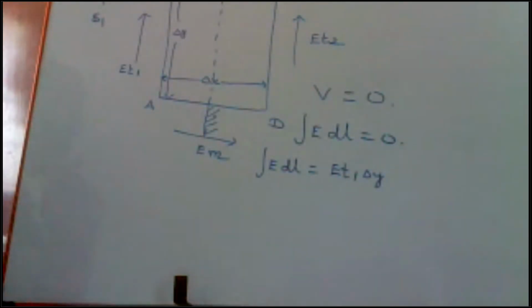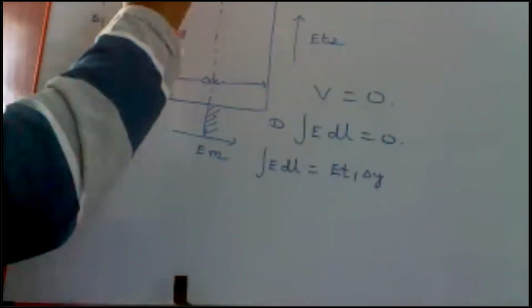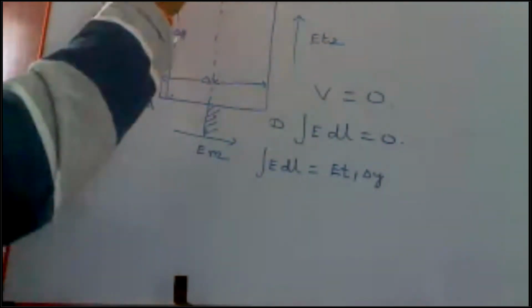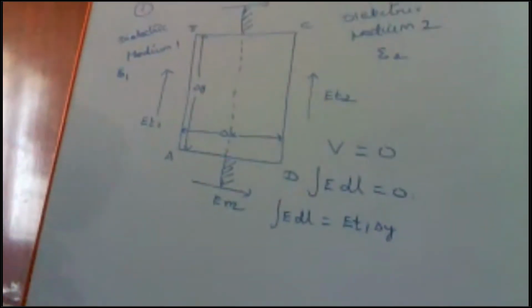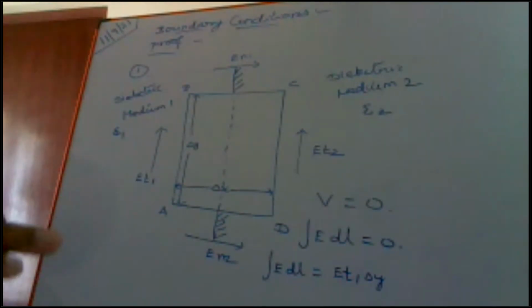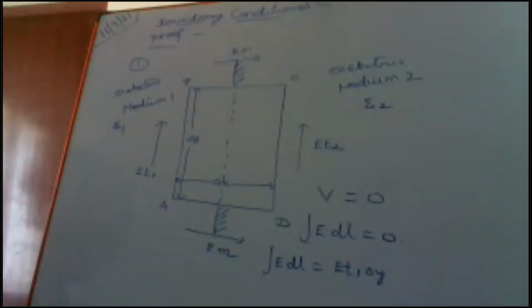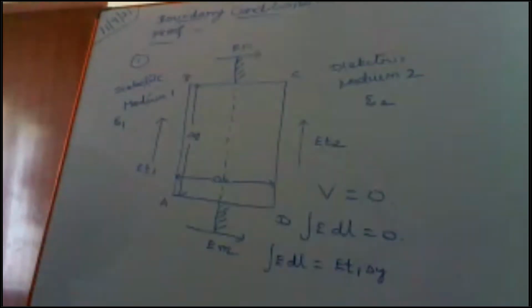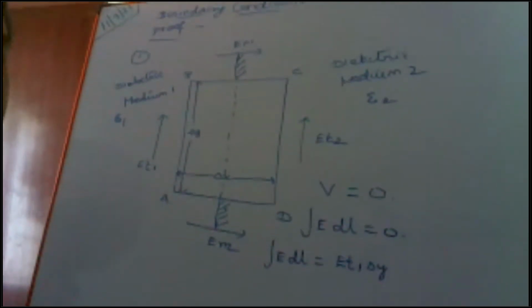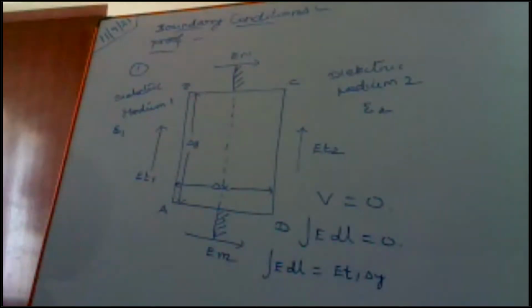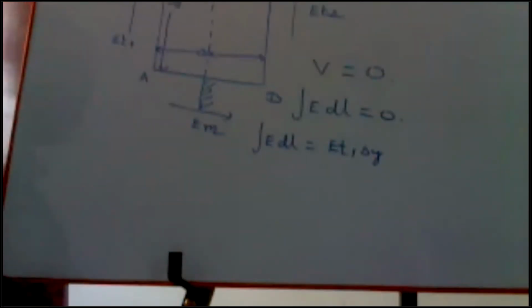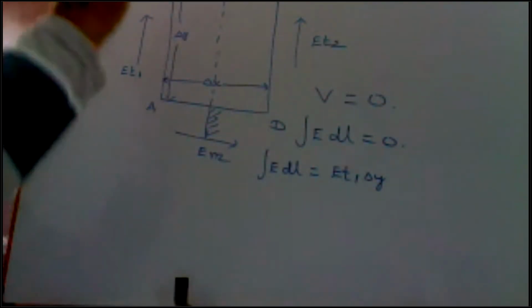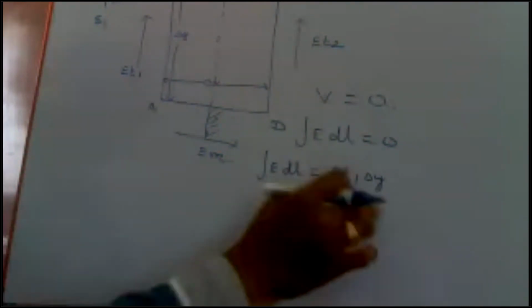In the same way, what will happen at the top, for the BC side? You might have drawn the diagram, so you can refer to the diagram instead of changing the board position. So for AB, this is the value.